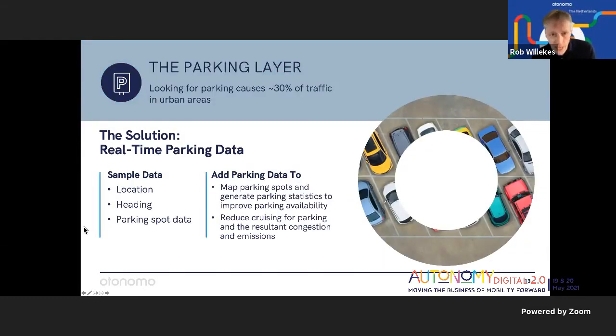Parking, as said before, about 30% of the traffic in urban areas is people looking for parking places. Where can I park?